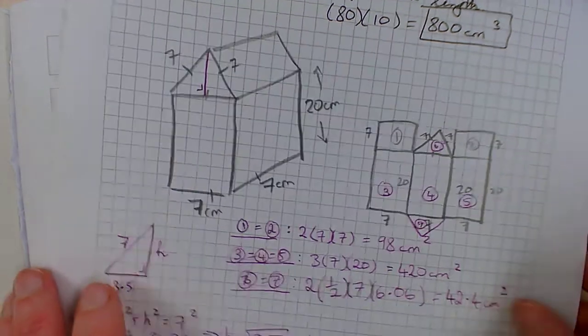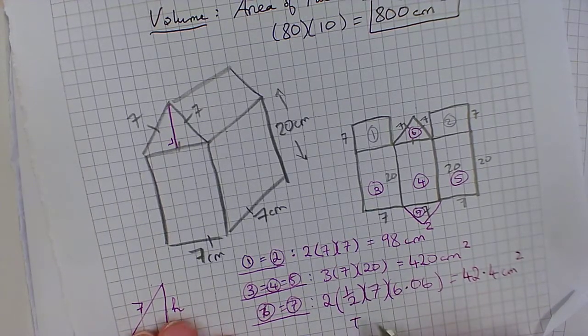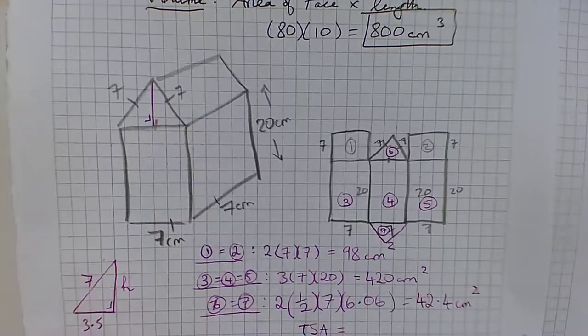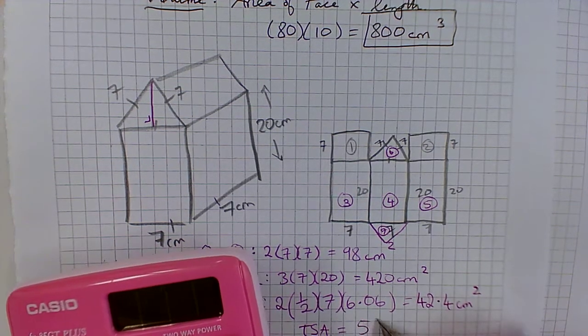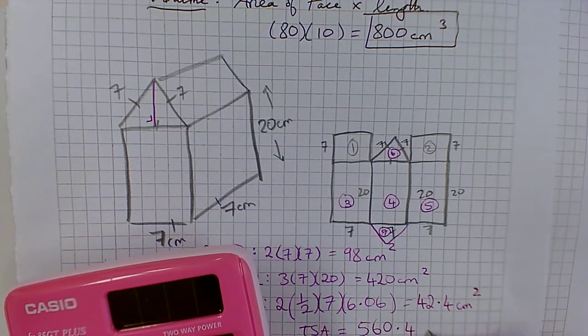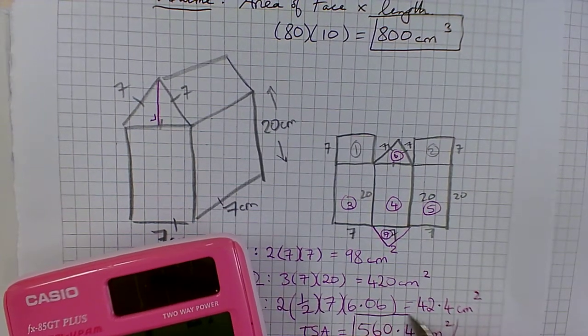And my total surface area here is those three added together. So that plus 420 plus 98 gives us 560.4 centimetres squared. So that's my total surface area.